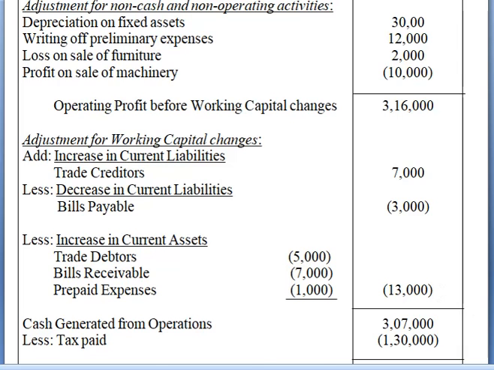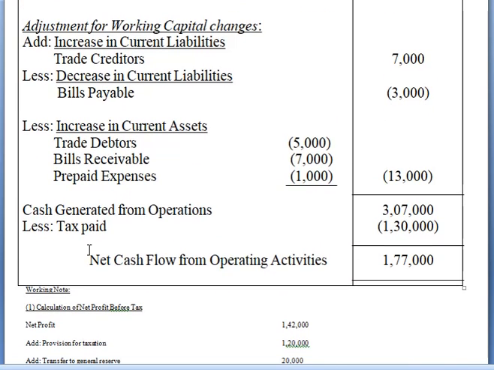Here in this question, unlike in question number 5, we have tax paid. If this was question number 5, here we would get the answer, net cash flow from operating activities. But in this particular question, we have the amount that has been paid for the tax. How much has been paid? 1,30,000.